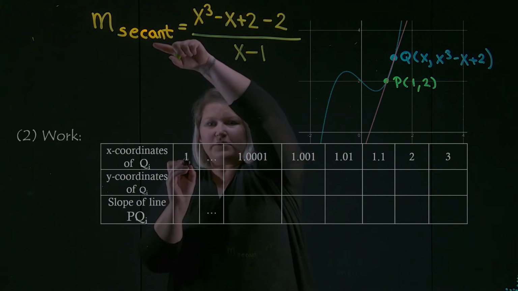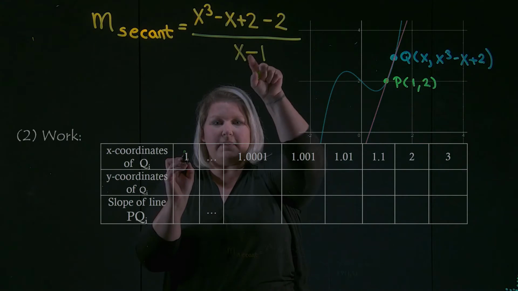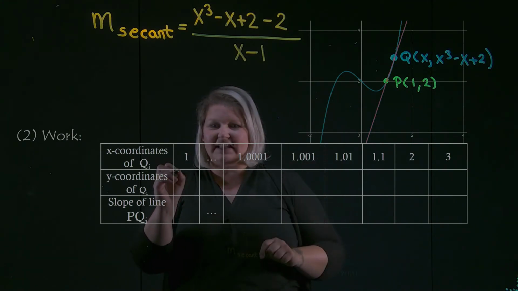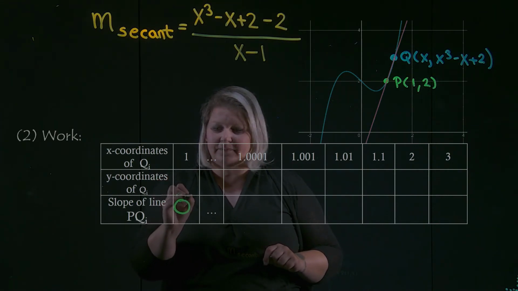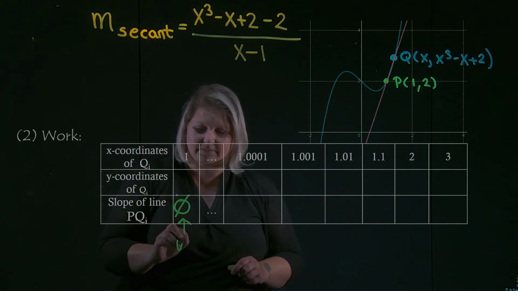And if we found the slope of the secant when the x-coordinate is 1, we would get 1 minus 1 on the bottom, right? And if we did that, the slope would be undefined. Not 0, but undefined.